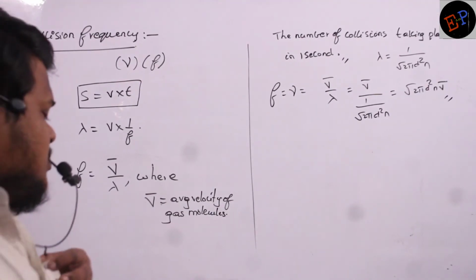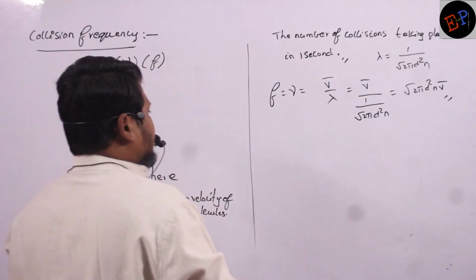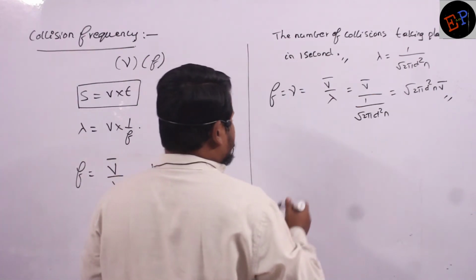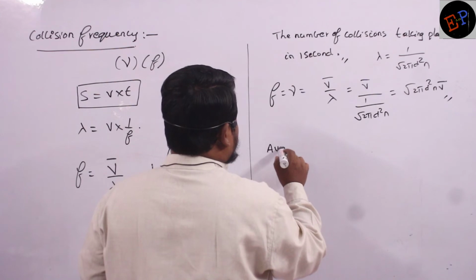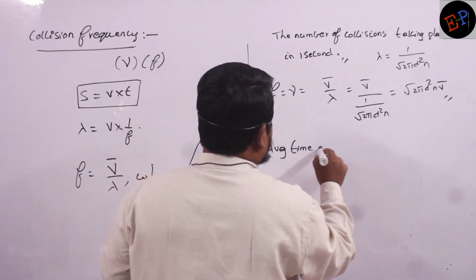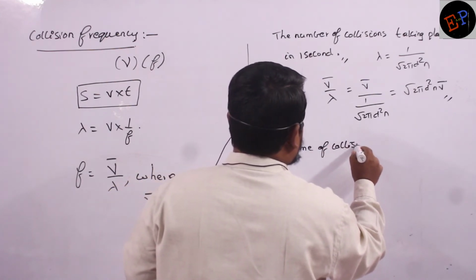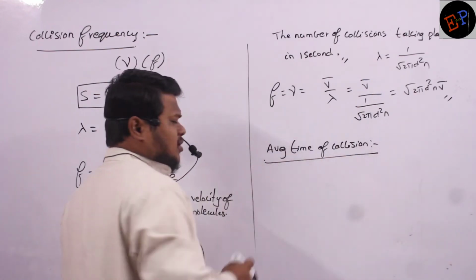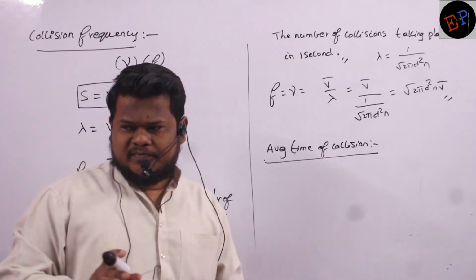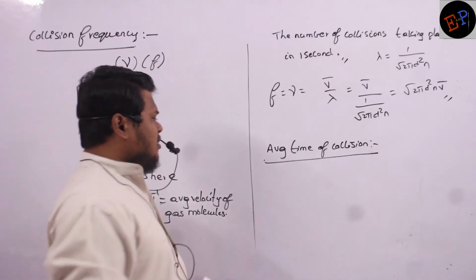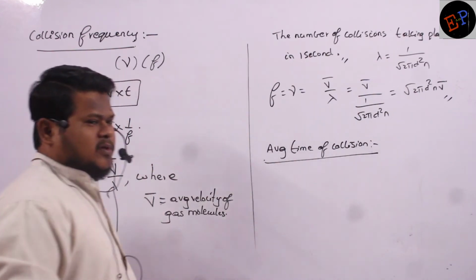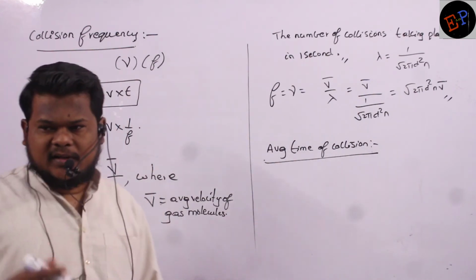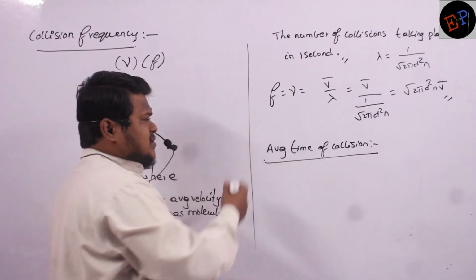After collision frequency we can also calculate the average time between each collision. It means, in between two collisions, how much time will elapse? How can I calculate it? Reciprocal of frequency.